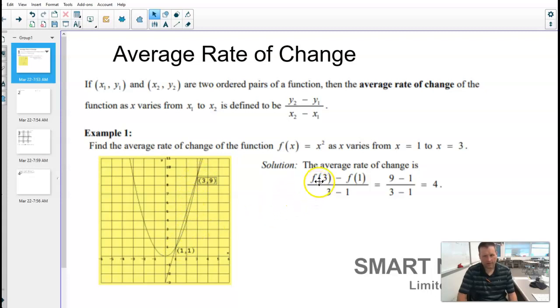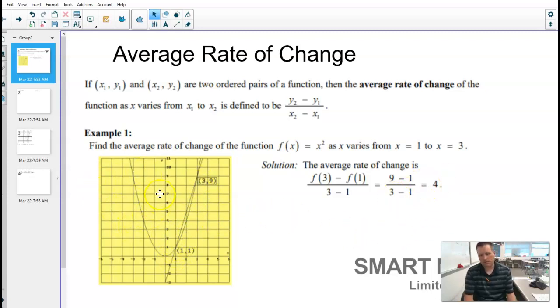So I plug in 3 for x, that gives me 9, and then I plug in 1 for x squared, so that gives me 1. So that's where I get the 9 minus 1 here. And then I'm going to divide it by my x2 minus my x1. So y2 minus y1 divided by x2 minus x1. That gives me 8 over 2, which gives me 4. And so the average rate of change of this curved line is 4.